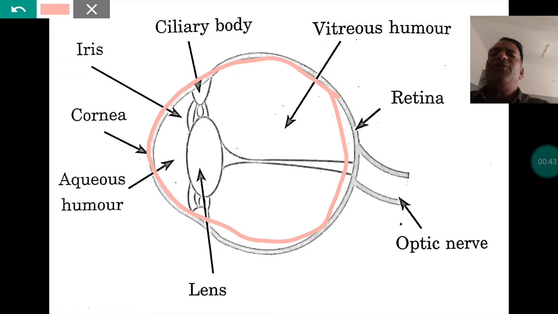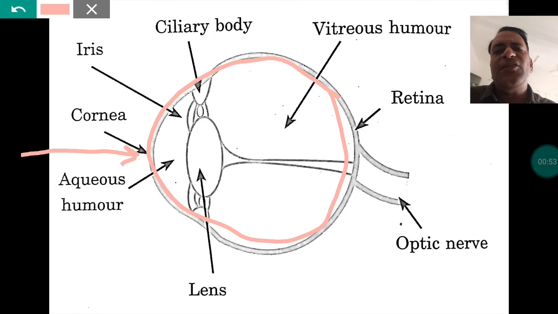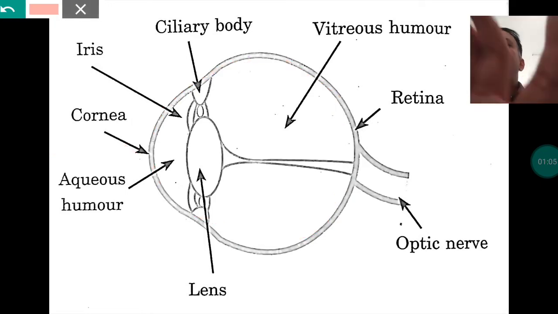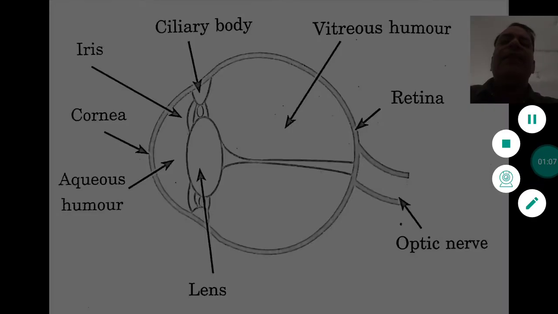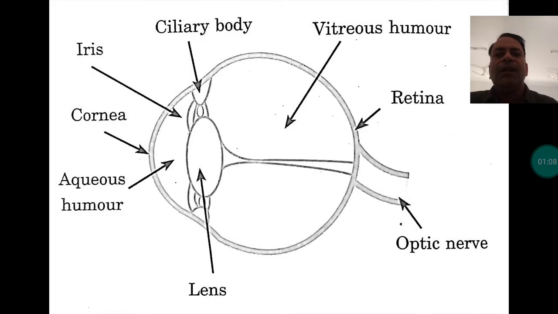Such as the very first part: if light is coming from outside, then the first thing it will touch onto your eye will be the cornea. Now what is this cornea? Cornea is a very thin type of transparent membrane, and it is basically a protective organ.